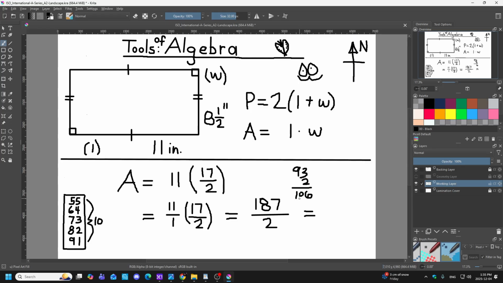Yeah, that makes sense. You want to get as close to 187 without going over, which works out to 93 and 1/2. Oh, and our units are inches squared. All right.